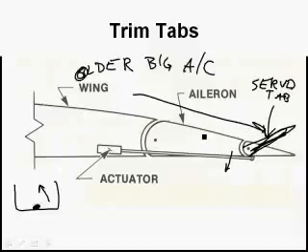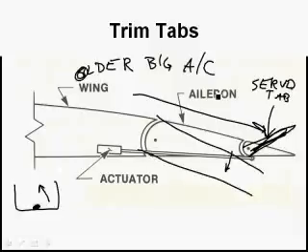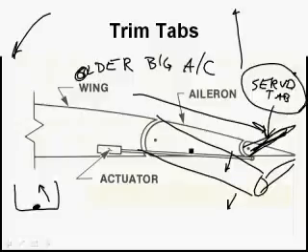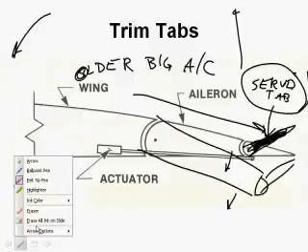The slipstream would hit it, and in this case it shows an aileron, but it doesn't matter if it's an elevator. The elevator would move down, and of course the tail would go up and the nose would go down. So if you're using a servo tab, that's actually what you're moving when you move the flight control in the aircraft. The servo tab is the part that gets moved, and that is the only thing that pushes the flight control in the direction that you want it to go.